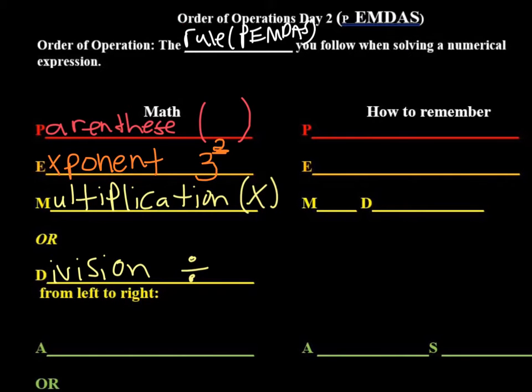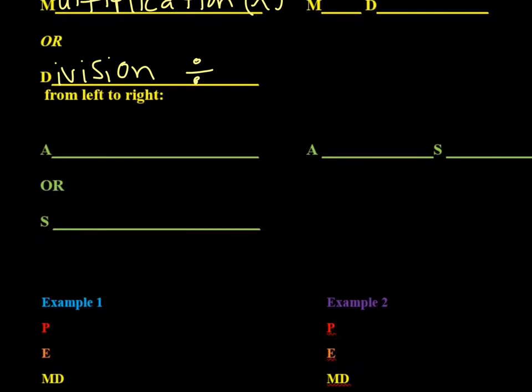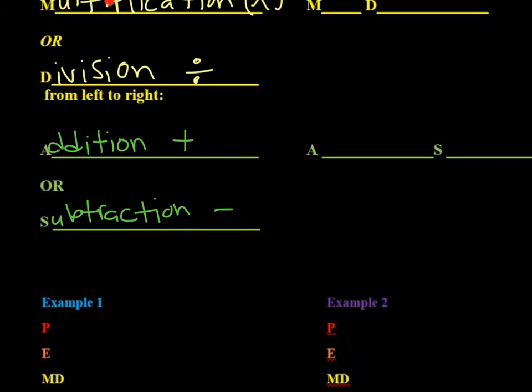Alright, let's continue on. The A and the S. The A stands for addition, spelled A-D-D-I-T-I-O-N. Addition is plus. The S stands for subtraction, spelled S-U-B-T-R-A-C-T-I-O-N. It works the same as multiplication and division.